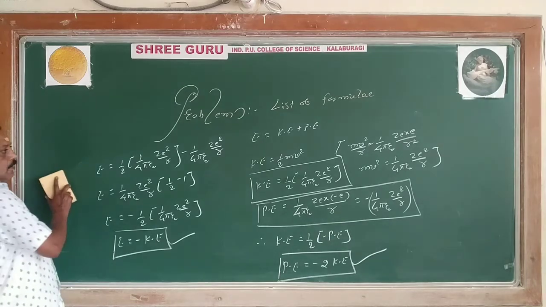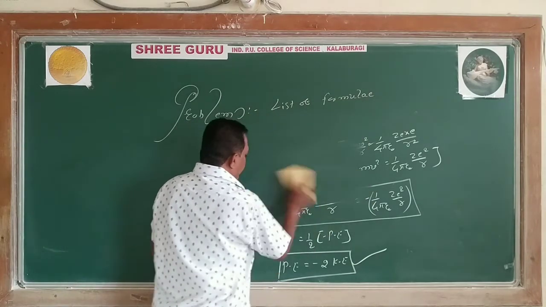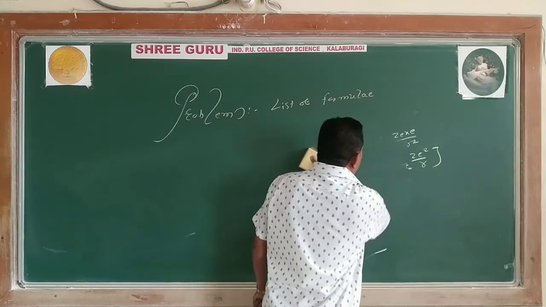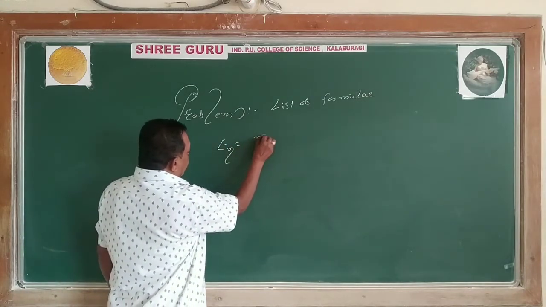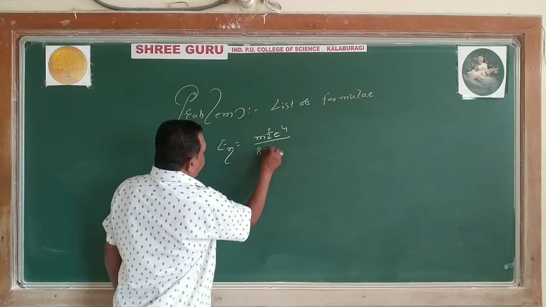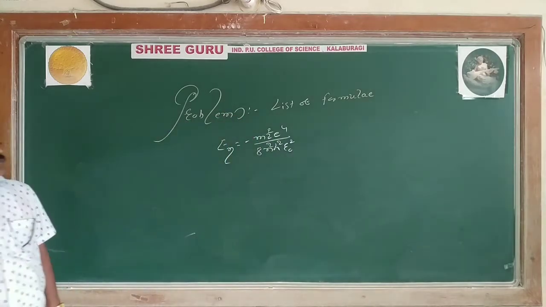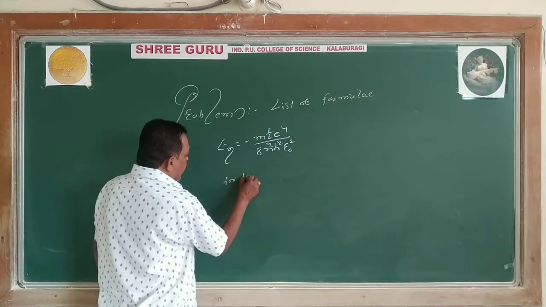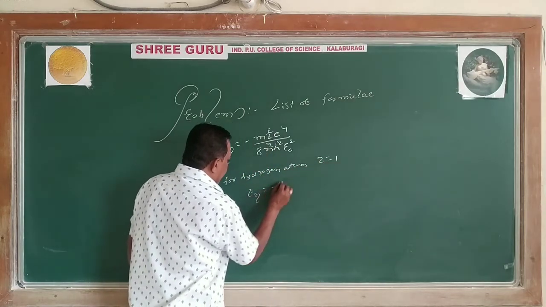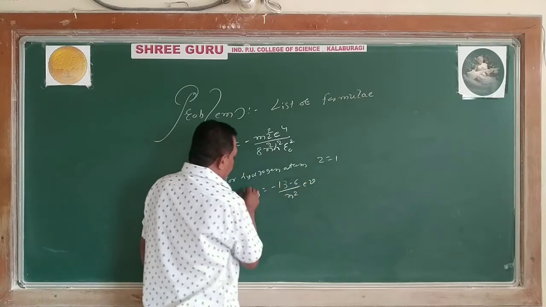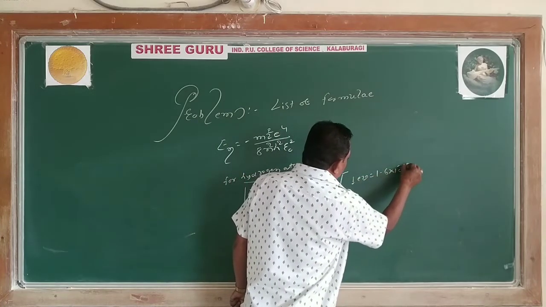Then look at the nth orbital energy. For the hydrogen atom, considering z equals 1, the nth orbital energy is minus 13.6 divided by n square electron volt. 1 electron volt equals 1.6 into 10 to the power minus 19 joules.